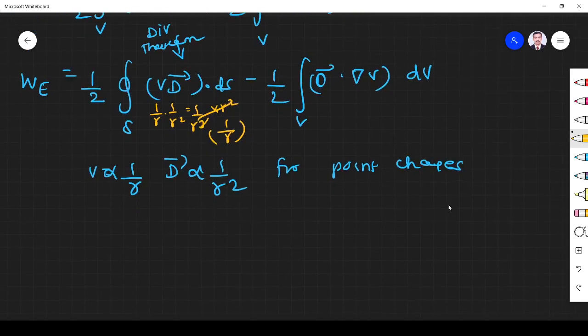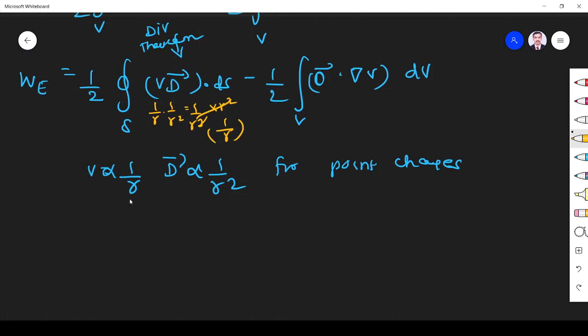So if your surface area is very big, for a very large surface, R is large. When R is large, 1 by R tends to 0. So I can neglect this integral.